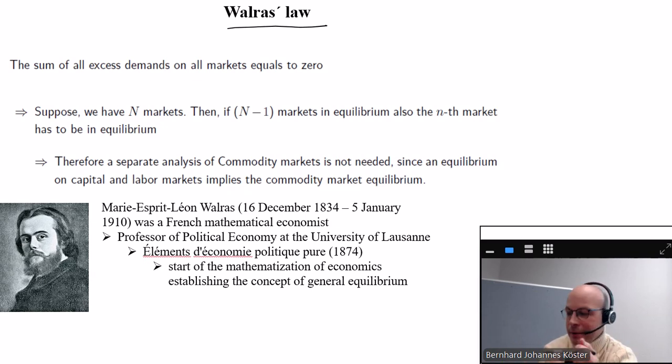And that then, in the end, if we have found the equilibrium for almost all markets due to the price mechanism, and we are left only with one single market, then since all markets depend on each other, the last market also has to be in equilibrium.